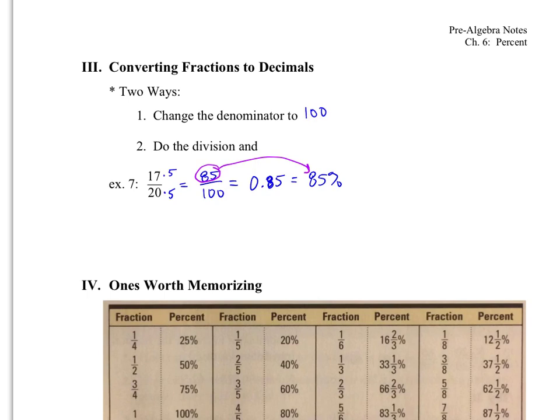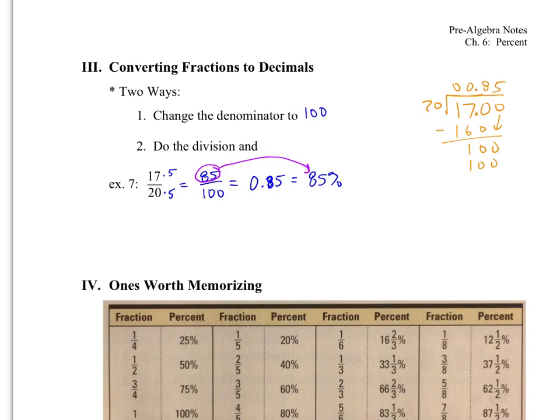The other way is to actually just do the division. So you would do 17 divided by 20. Doesn't fit. Now you've got 170. 20 fits in there 8 times. So 160, subtract. All right, and then you'd have 5.